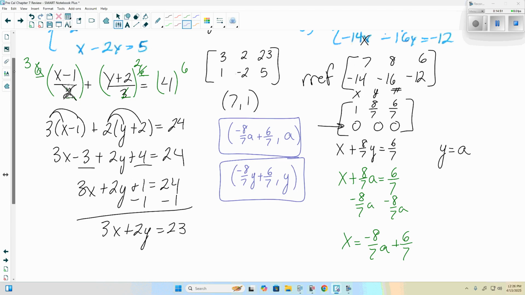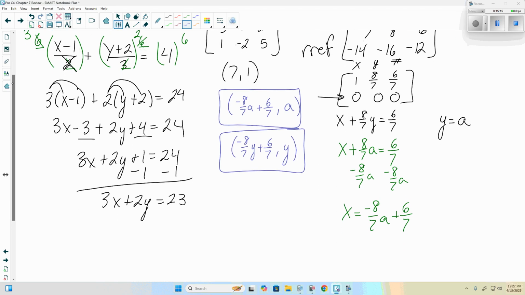9 or 10? We go with these two here. Okay.